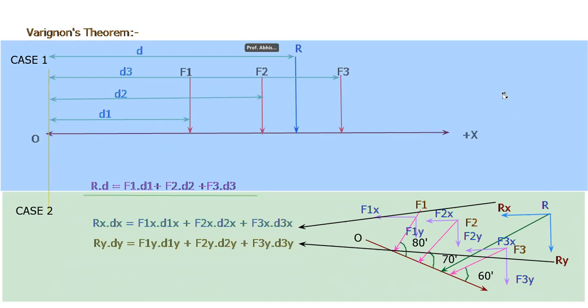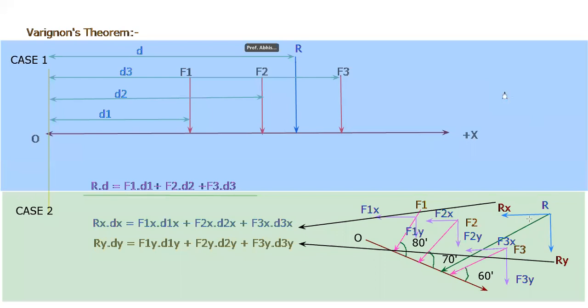All the forces are inclined, and therefore we have to split the forces in x direction and in y direction. And after splitting the forces, we have to make the summation of the moments, right? Force into distance, perpendicular distance, that is important.